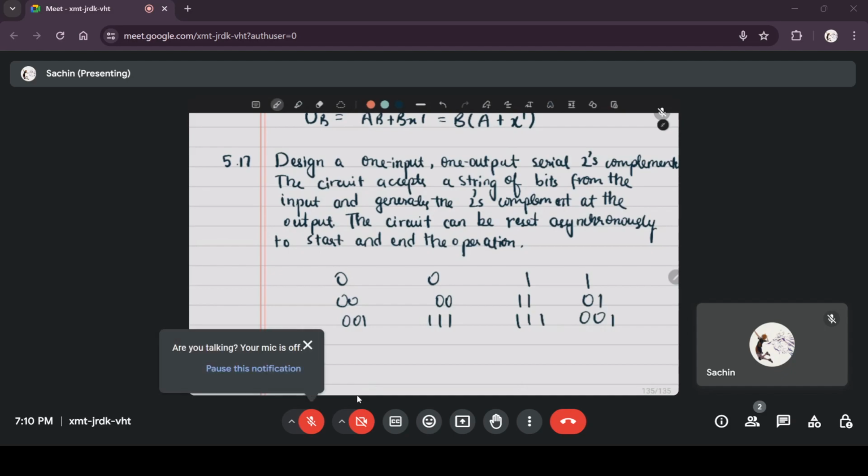So until the first 1 occurs, the output should just be 0.